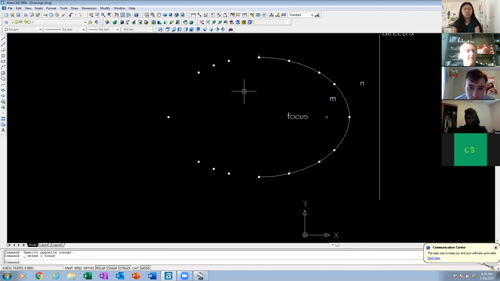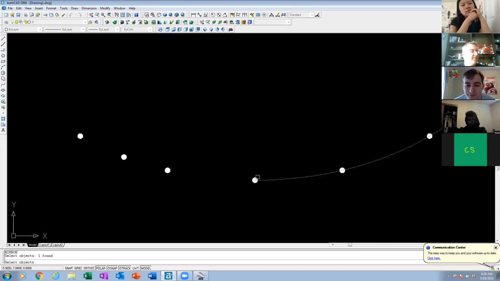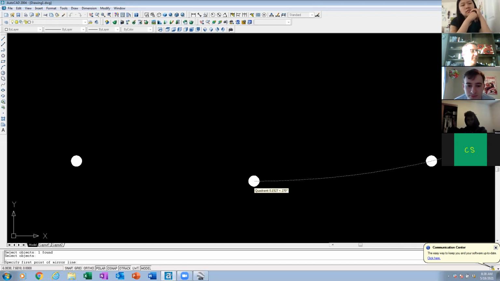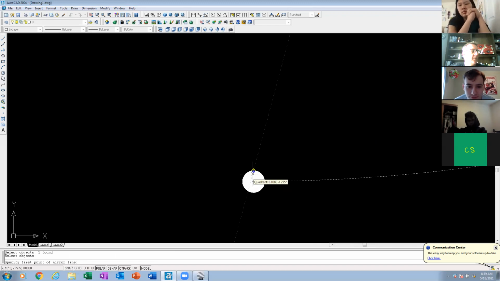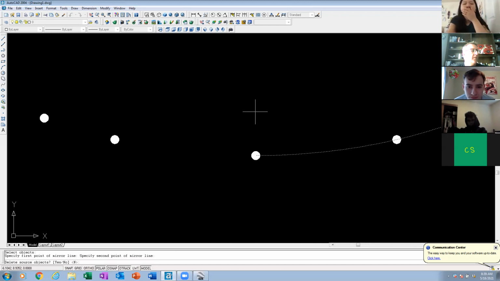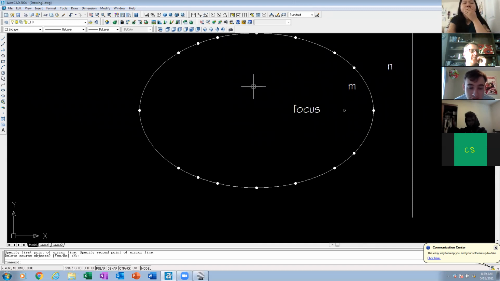So now I just have the right half of it, and then I could mirror that to the other side. But I'd like you to understand that the shape I just drew is a pretty good approximation for an ellipse, but it's still not perfect, because that's just some interesting mathematical command that connects all those points together.